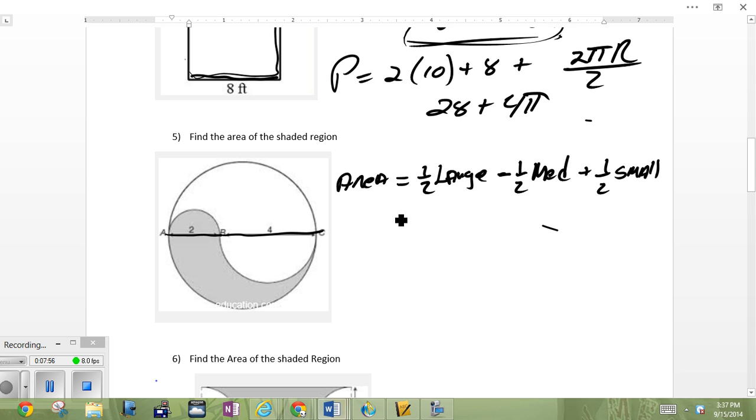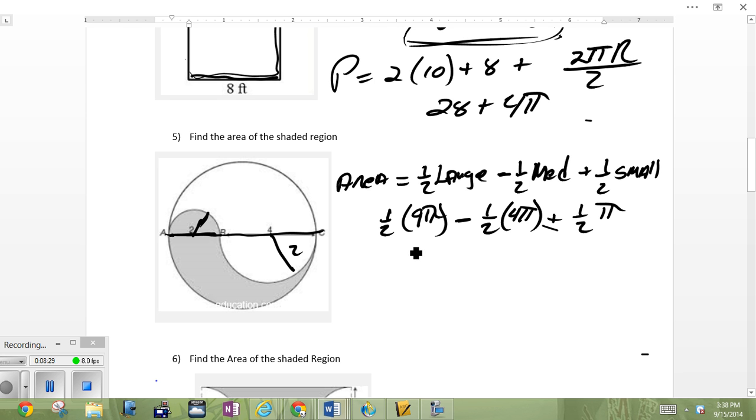So that's 1/2 of pi r squared, so r being 3 is 9 pi, okay, minus 1/2 of the medium circle, which is going to have a radius of 2 here, so that's going to be 1/2 of pi r squared, or 4 pi, plus 1/2 of the small circle. Small circle has a diameter of 2, so the radius is 1, so then plus 1/2 of pi.